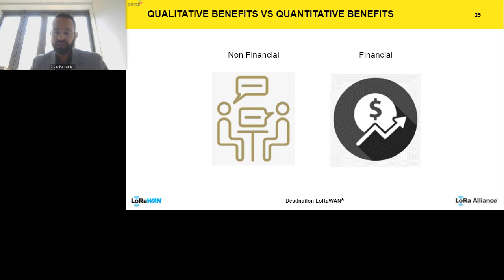But there are also benefit categories that you can add up and quantify that are non-financial: things that bring trust, integrity, and reliability to your client, because non-financial benefits also increase the capacity of your users to adopt your digital services faster.